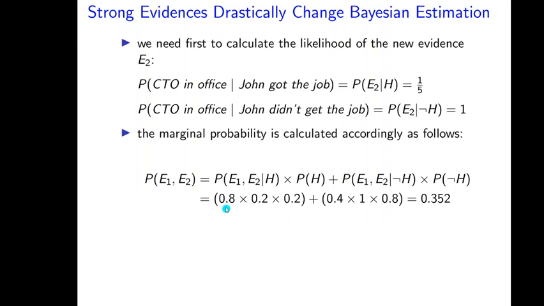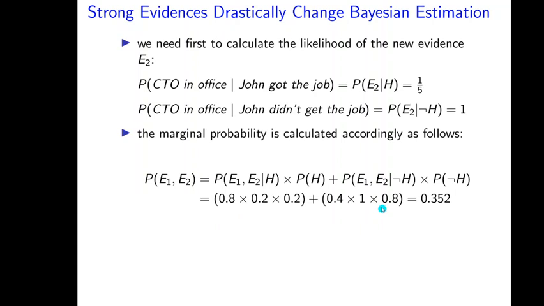Here we have the 0.8 that John was double as qualified as any other candidate, so the value here is double the value here, times the probability that the new CTO is in office, given that John got the job, which is 1/5 or 0.2, times the prior probability, or 0.2, plus 0.4 times 1, which is this value here, times 0.8, which is the complement of our prior hypothesis.